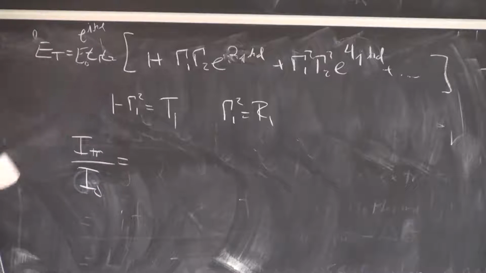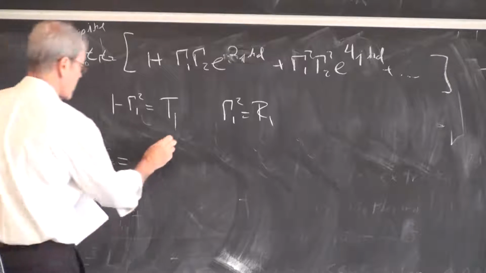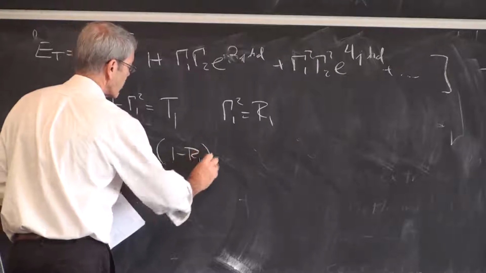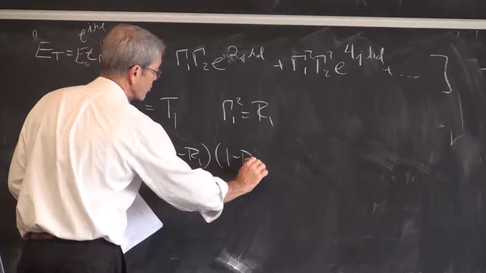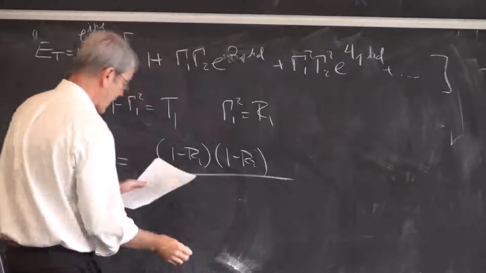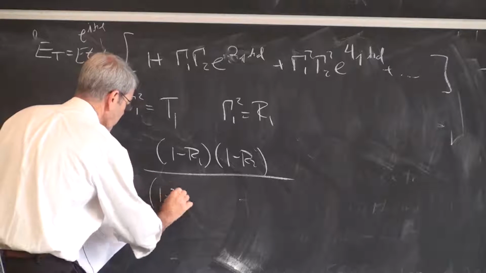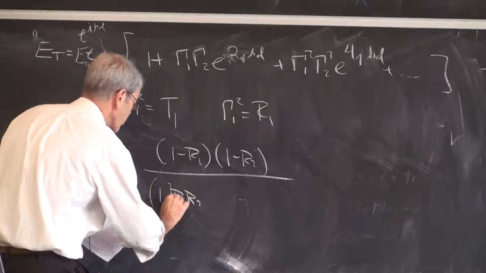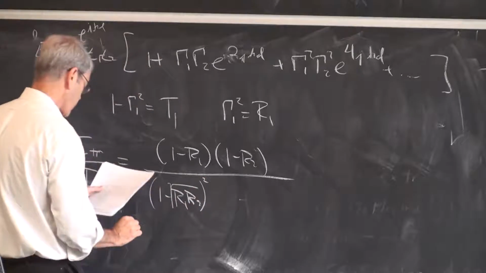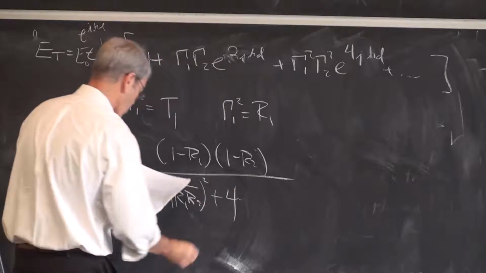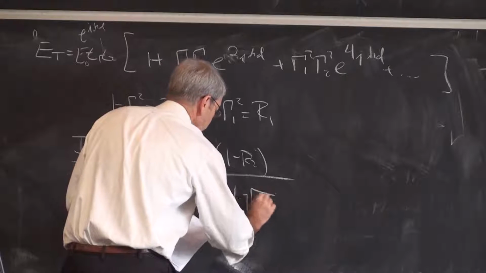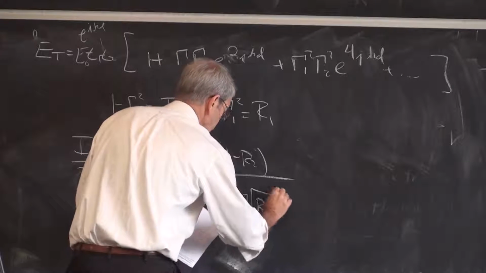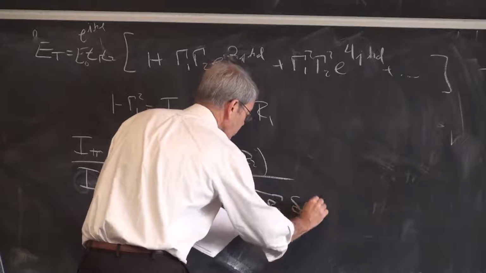And you pull all these terms together, it is 1 minus R1 times 1 minus R2 divided by 1 minus the square root of R1 R2, squared, plus 4 times the square root of R1 R2 times sine squared theta.